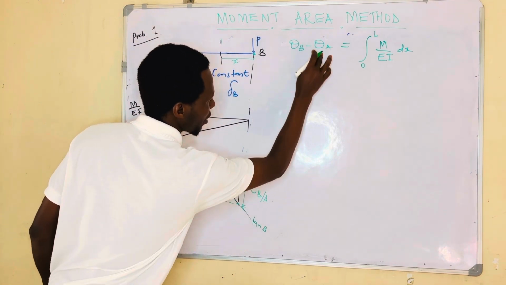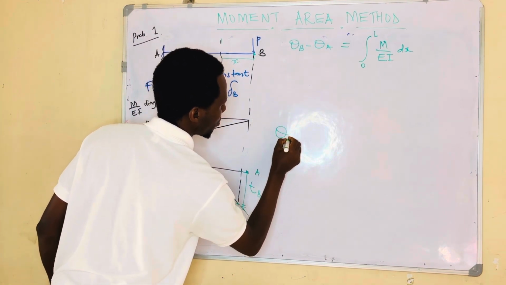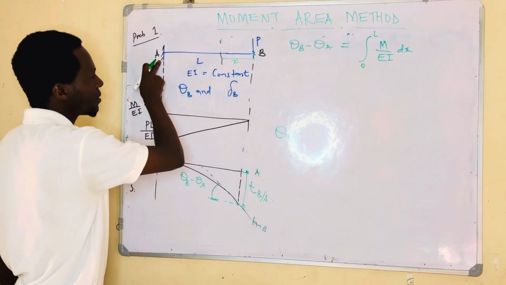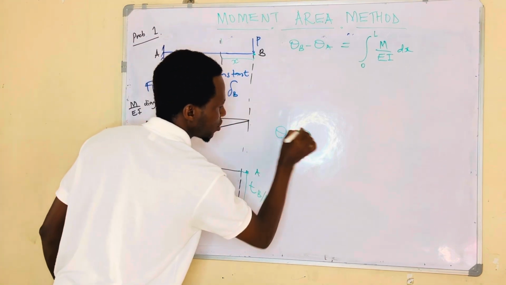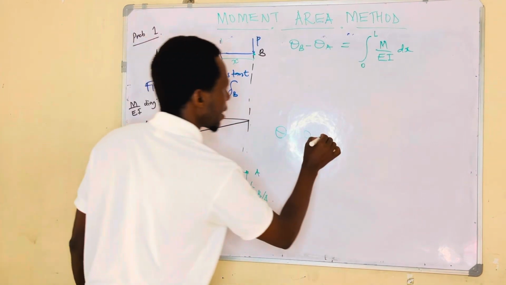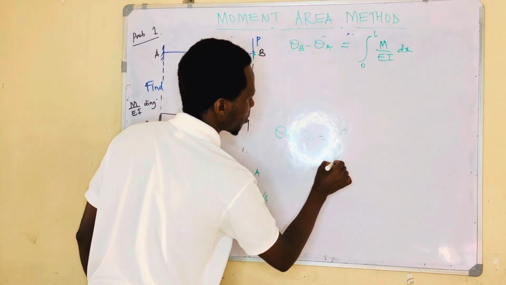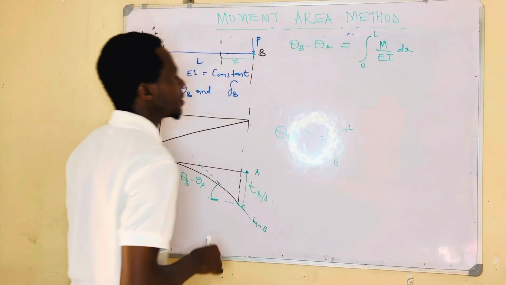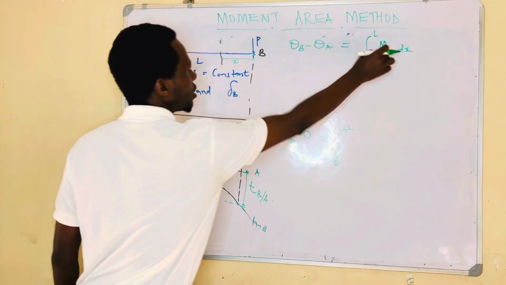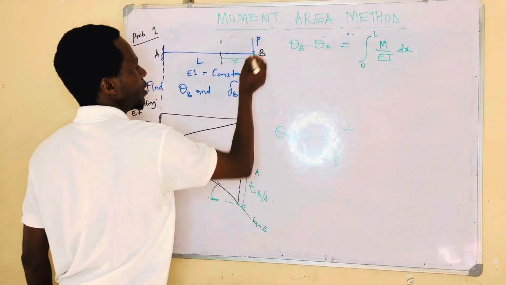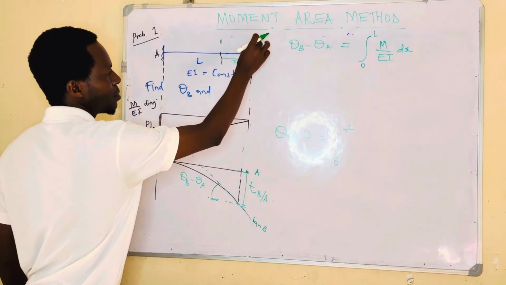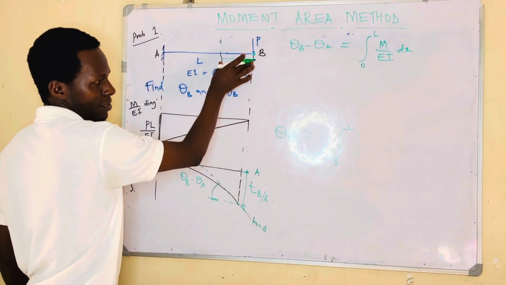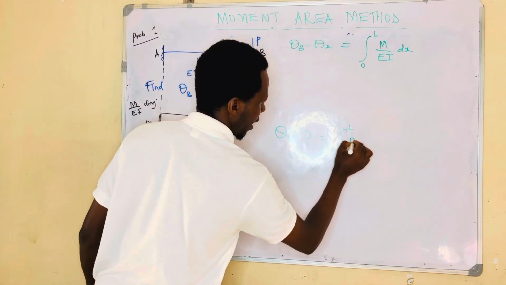Theta B minus theta A, since this is fixed there is no rotation at that point, is equal to the integral from 0 to L. If this is the origin and I want to find the moment, it's going to be P times the distance, which is x. So my moment is going to be Px.